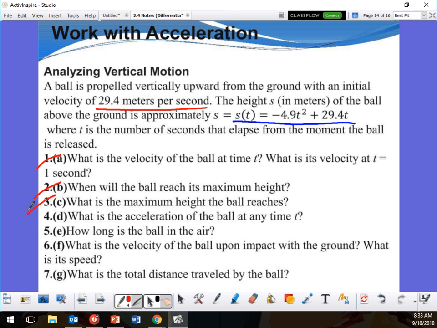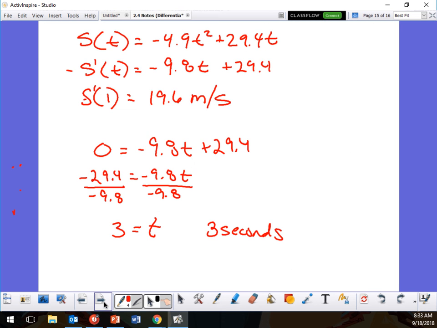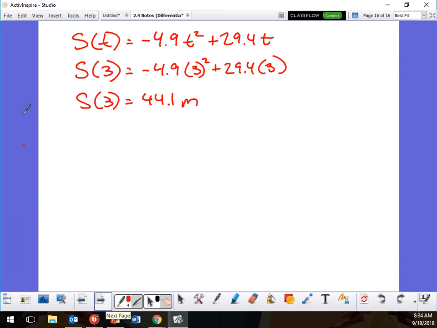So, what is the acceleration of the ball at any time? We said acceleration is the what? Double prime. So it's the second derivative, right?